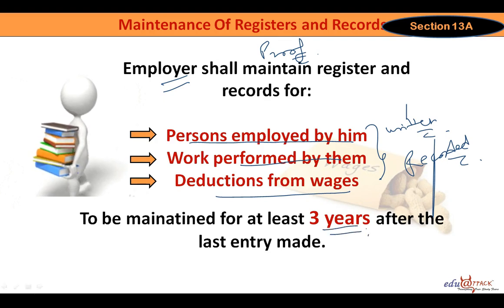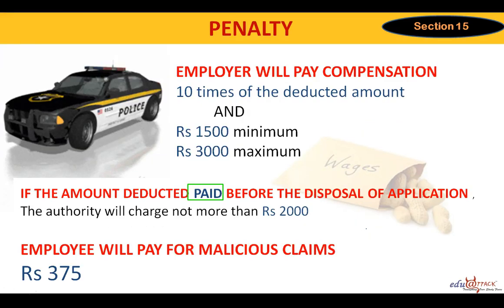He has to preserve those registers and records for at least 3 years after the last entry made. Section 13A is saying these things. Clear? Now Section 15, penalty section, our last section here.